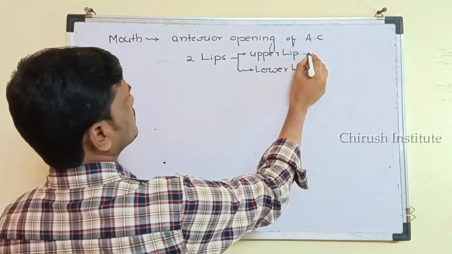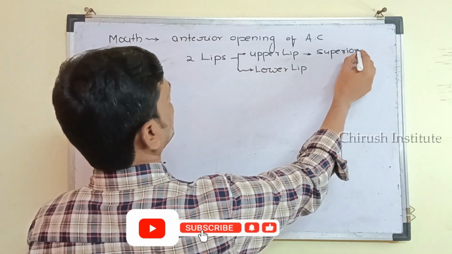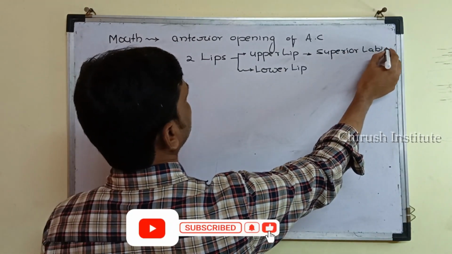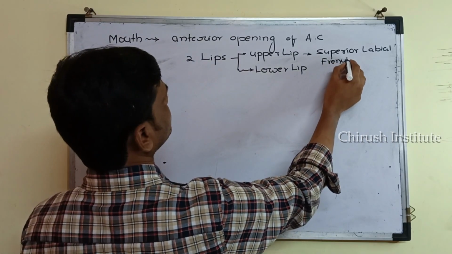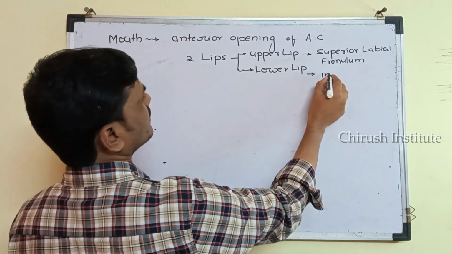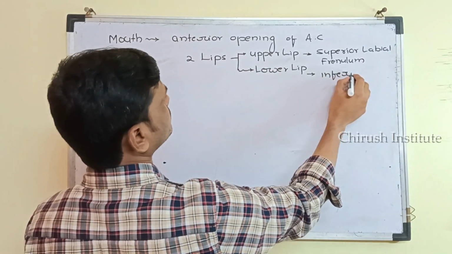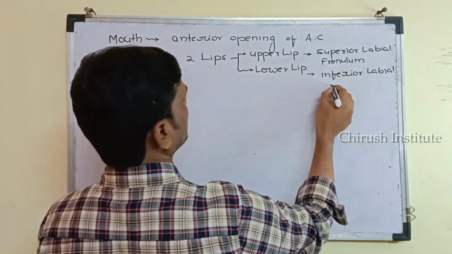Upper lip is also called superior labial frenulum. Lower lip is also called inferior labial frenulum.